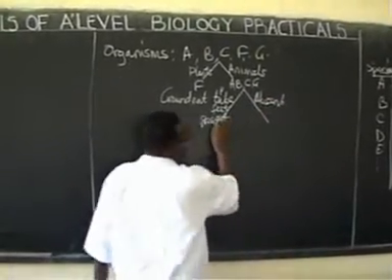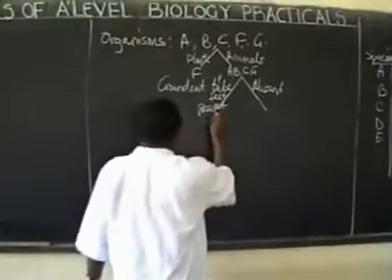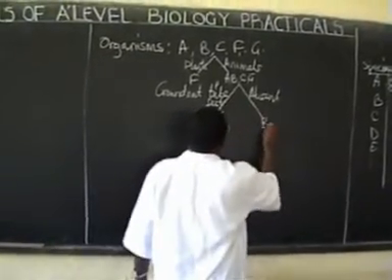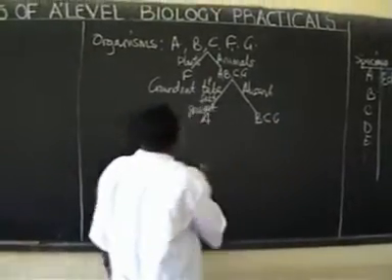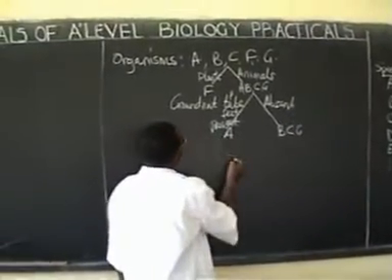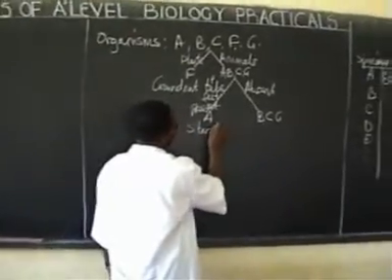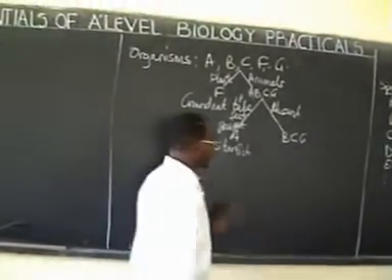It is present here. The organism that has tube feet is A, and then we have here B, C, and G. So since A now is alone, we write the name of A, which is starfish. Starfish, we write the name and end there.